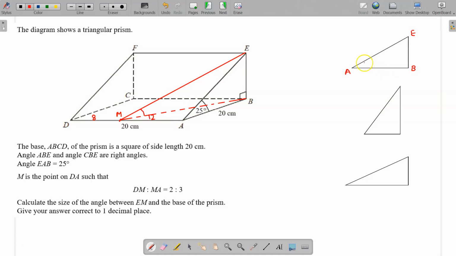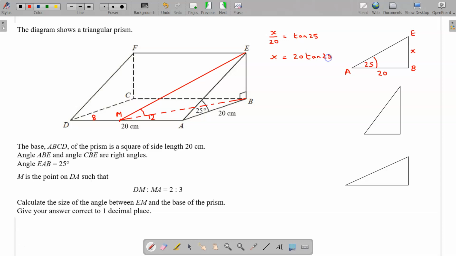Okay, we know that this is 25 degrees, and we know that this is 20. Okay, so if I call this little length here x, then I know that x over 20 is the tan of 25 degrees. Okay, so x over 20 is opposite over adjacent, which is the tan of 25. Okay, so therefore the length x is 20 times the tan of 25.